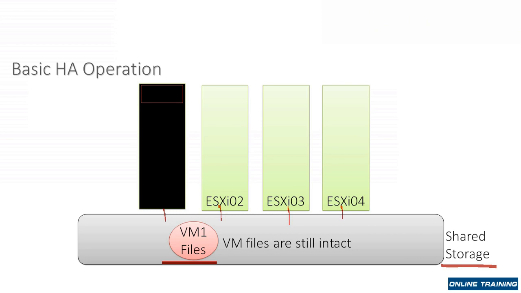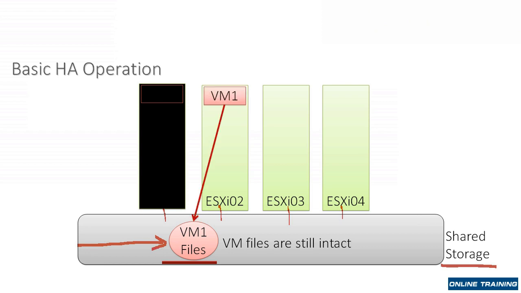There's going to be some downtime for this virtual machine and every other VM that was running on that host. The virtual machine's files are still intact. The VM's live state may have been affected, but there's still a set of files for this virtual machine that exist on shared storage.